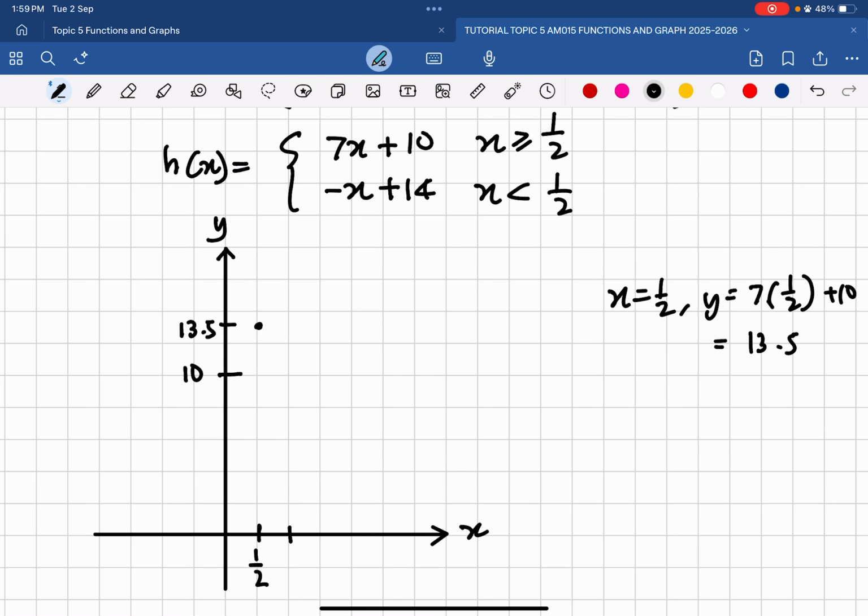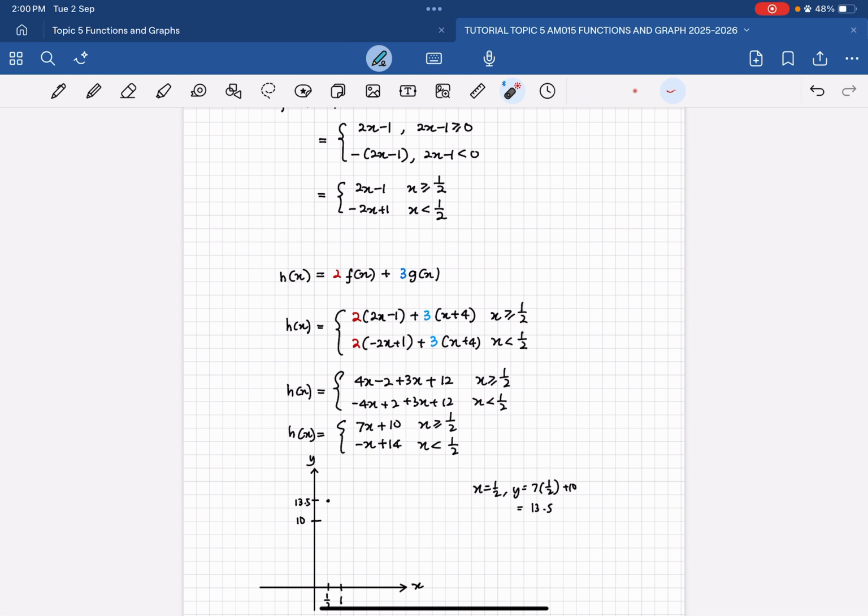So I'm going to just draw a line. If you're not sure where your graph is going to look like, maybe you like to find another point. If x equals 1, then we get 17.